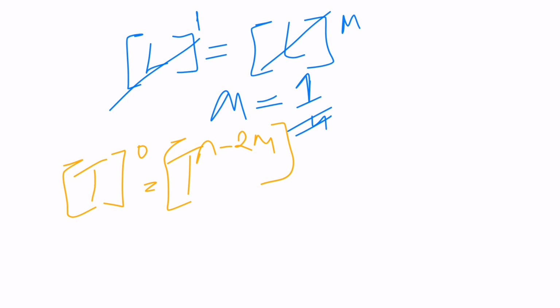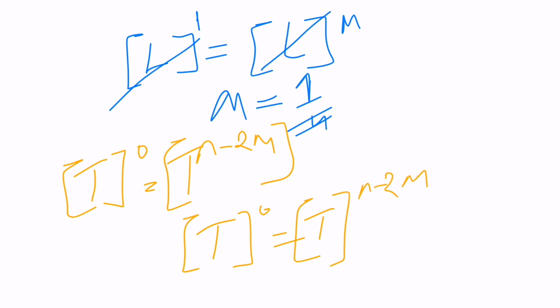So here we'll do t to the power 0 is equal to t to the power n minus 2m. T will cancel, t will cancel. So we are remaining with 0 is equal to what? n minus 2m. That's what we are remaining with, because in indices we learned how we can calculate this. That was in grade 9, yes.